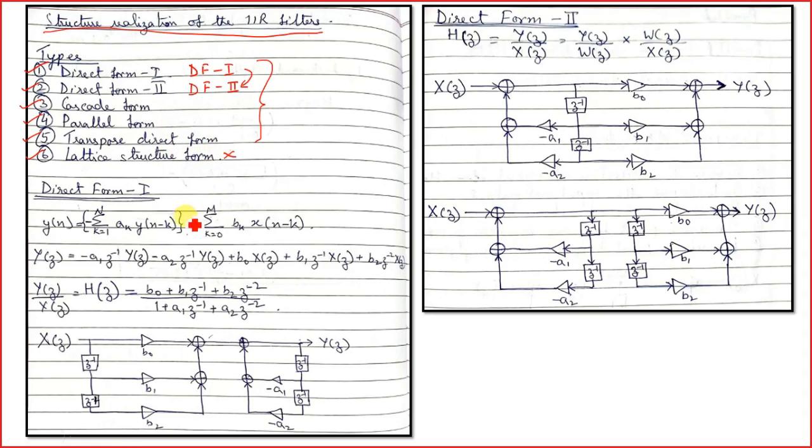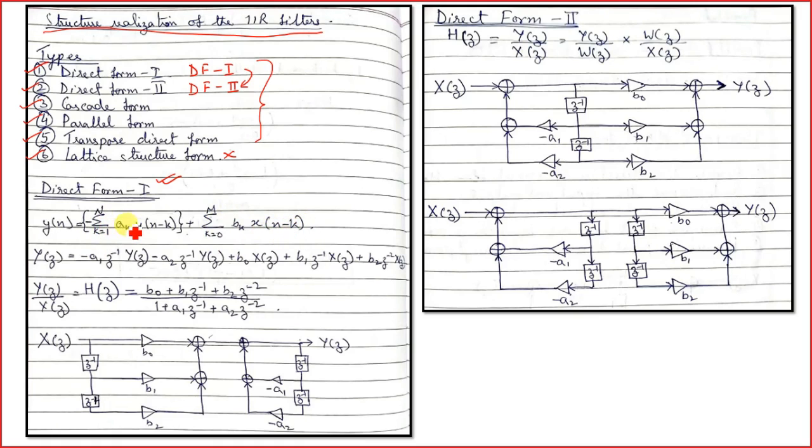Okay. So starting with direct form 1, the difference equation of any given filter is given by y[n] equals negative of summation of k equals 1 to capital N a_k y[n minus k] plus summation of k equals 0 to capital M b_k x[n minus k].